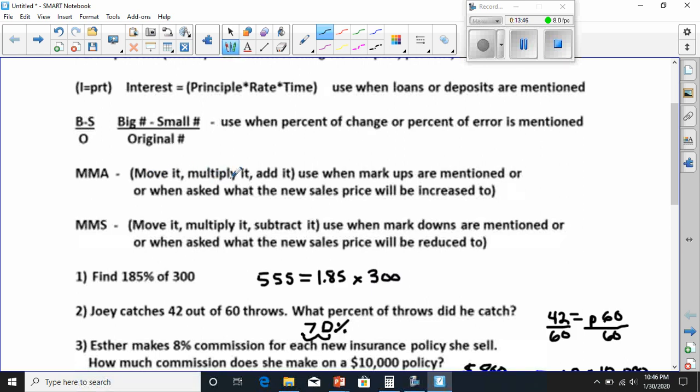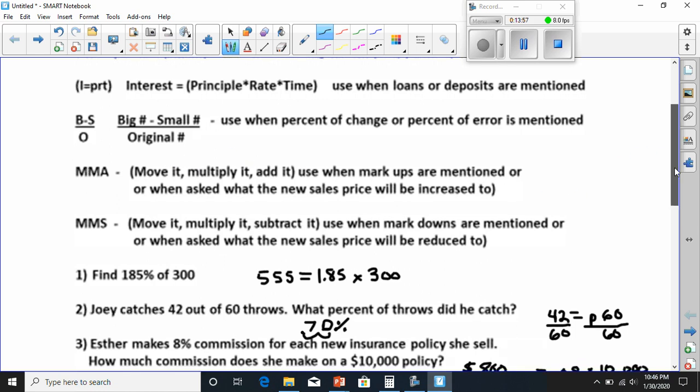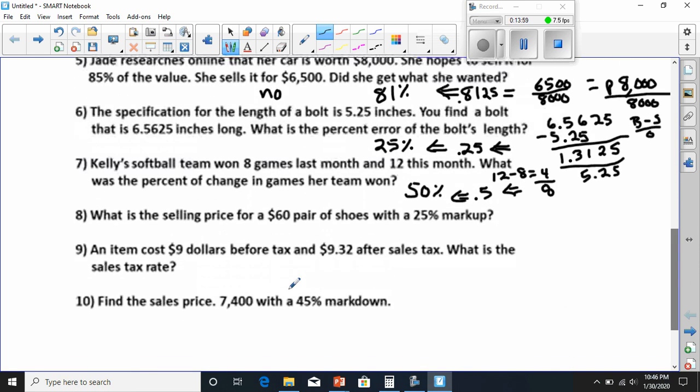And to use MMA, we're going to have to move it, multiply it, and add it. So let's try that. We're going to move it. We move that decimal over twice, so that'll be 0.25. We're going to multiply it times $60, and then we're going to add it.